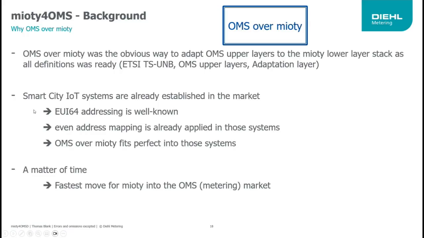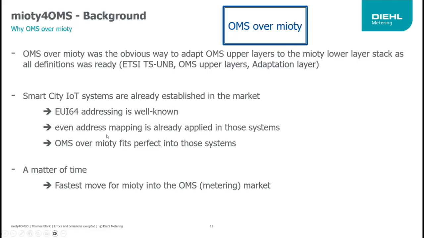And this is perfect for smart city IoT systems that are already in the market. That means systems that are also integrating other kinds of sensors, parking sensors, pressure sensors, or whatever. Systems that are aware of how to use an EUI-64 address can easily adapt metering devices with OMS over mioty into their smart city system.